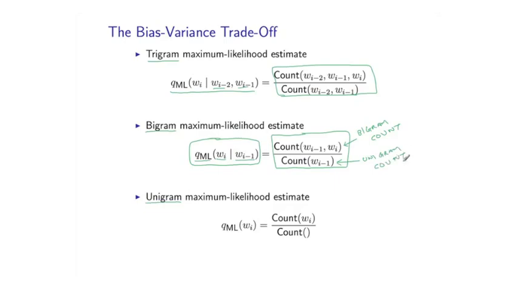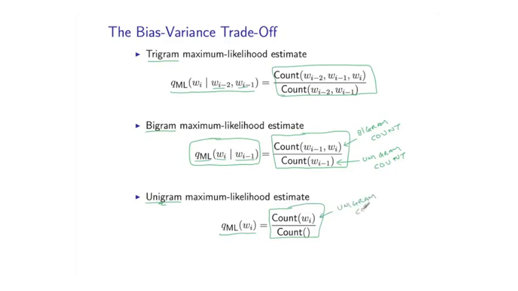If we go a step further to the unigram estimate, this is actually an estimate of the probability of a word that completely ignores the context. So now we're not even going to condition on the previous word in the context. And this is again defined as a ratio of counts. On the numerator, I have the unigram count.